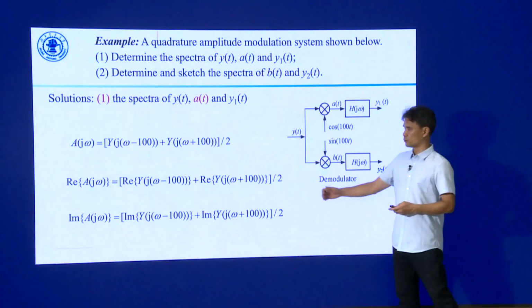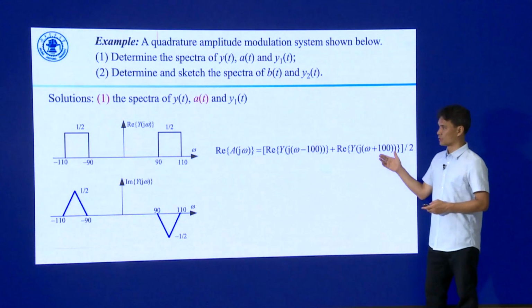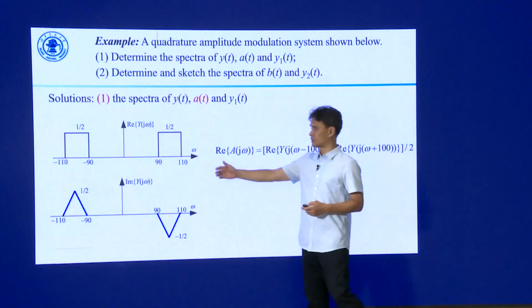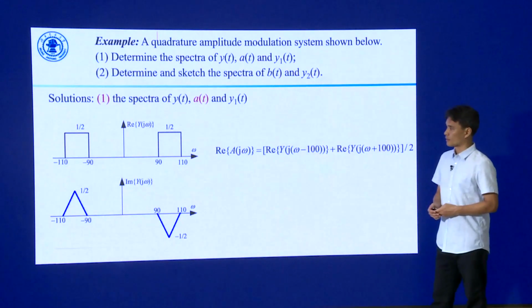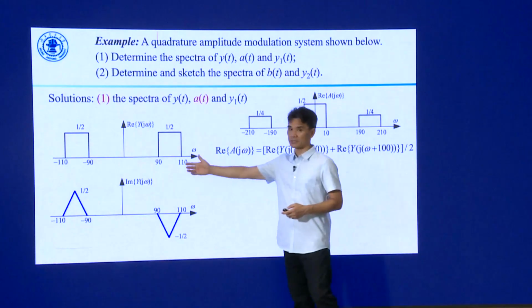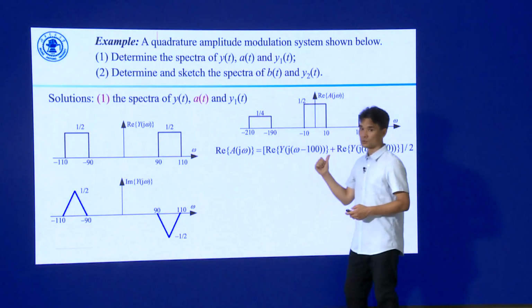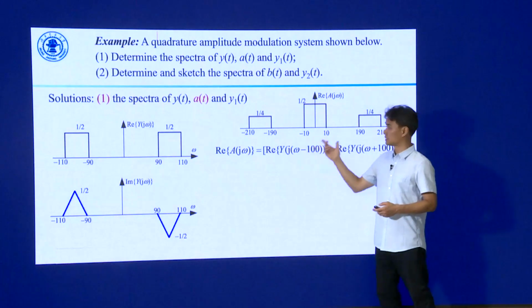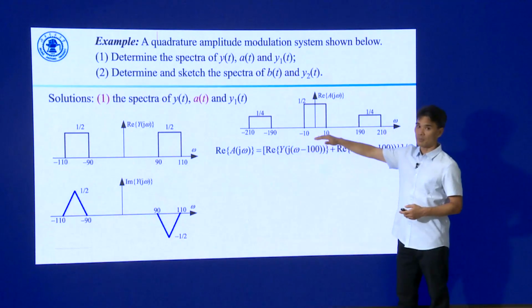For the real part, we move the expression in here. It is related to the real part of the modulated signal in the frequency domain. What we can do is split this spectrum by half and then shift towards the left and the right. And at the DC components and the surrounding area, the spectra will be on top of each other.